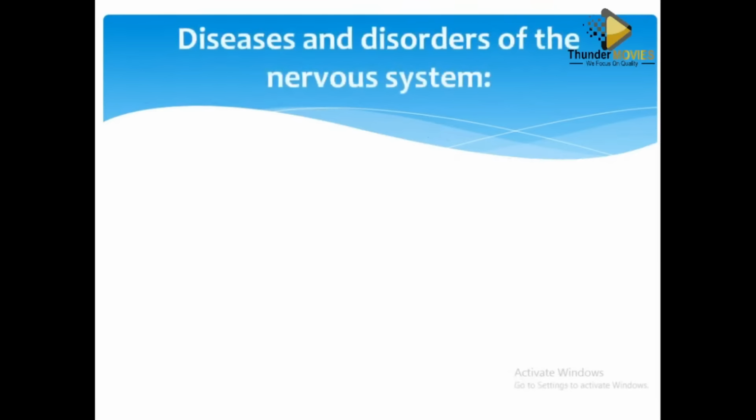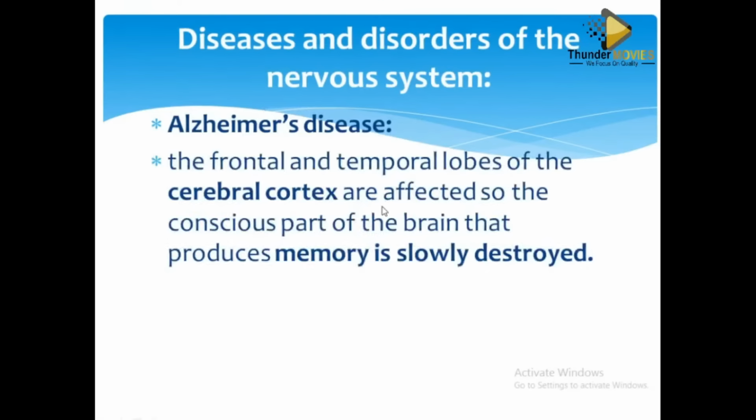What are some of the diseases which affect the central nervous system? Number one is Alzheimer's disease. Alzheimer's disease is a result of the frontal and the temporal lobes of the cerebral cortex being affected, and then here you lose the memory.